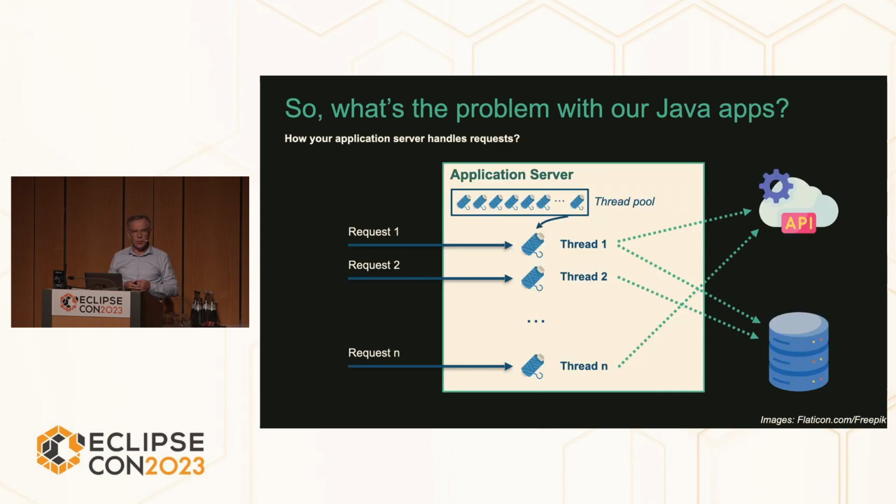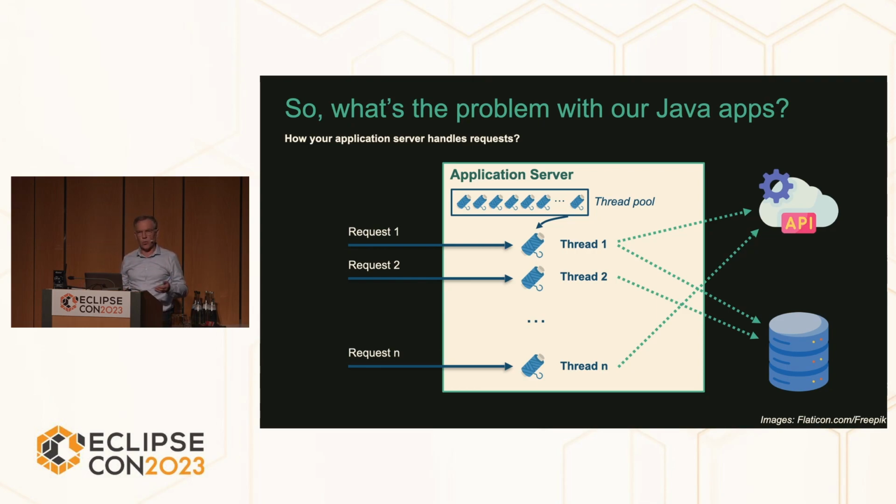Before diving into the solution, what is the problem? What is the main problem we have with our Java backend applications? Most of them are based on the thread per request model, where each external request, HTTP, gRPC, REST, whatever, is processed end-to-end by a dedicated thread.